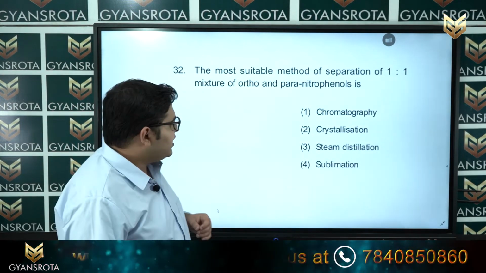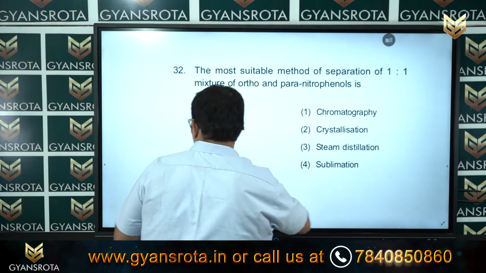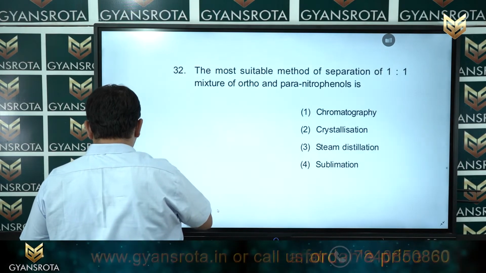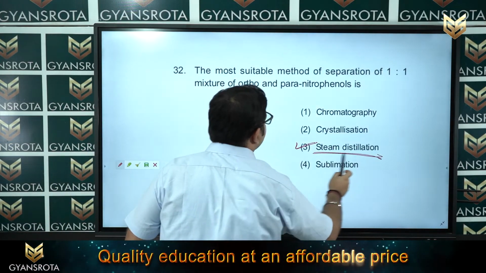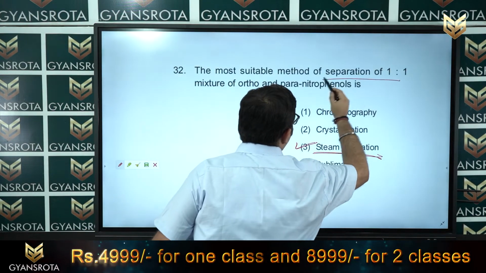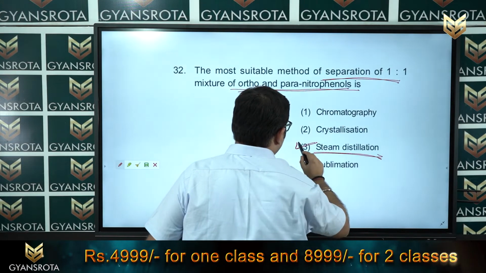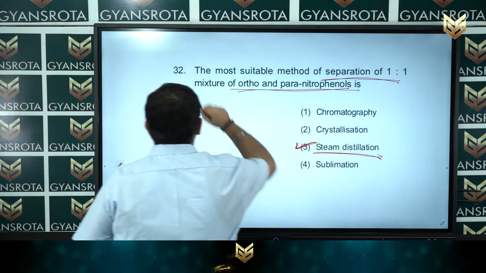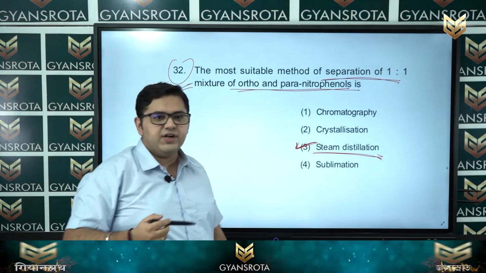Option number 3, steam distillation, is basically used for separation of 1:1 ortho and para nitrophenol. This is a direct question from your NCERT, so option number 3 is the correct answer of question number 32.